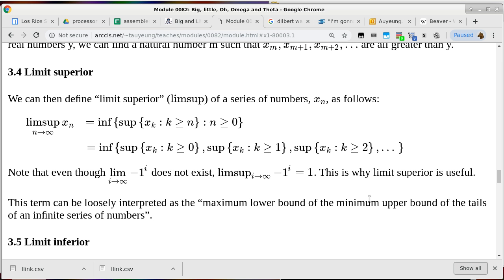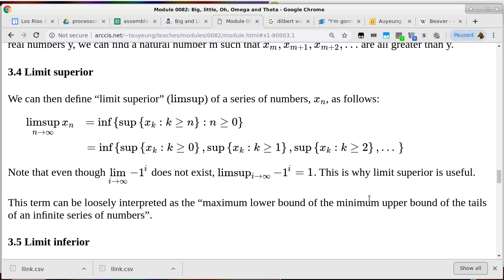If you look at the nested definition, it means we are using infimum on the outside. In other words, we are taking the maximum lower bound of. When we use infimum, it has to be applied to a set. So what is in that particular set? Each element in that set is itself a supremum.